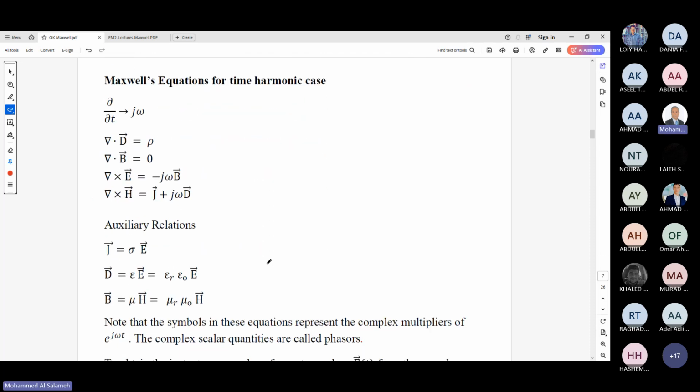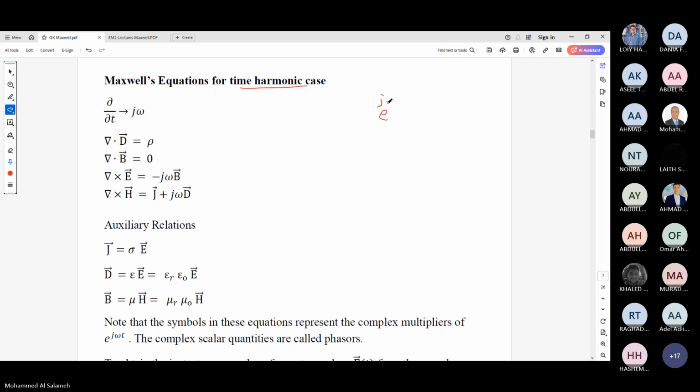Now, if you want the time harmonic case, time harmonic case means that you have a single frequency, sinusoidal. So d by dt will be replaced by j omega because we assume that it is exponential. You know, cosine and sine are the real part and imaginary part of exponential j omega t.